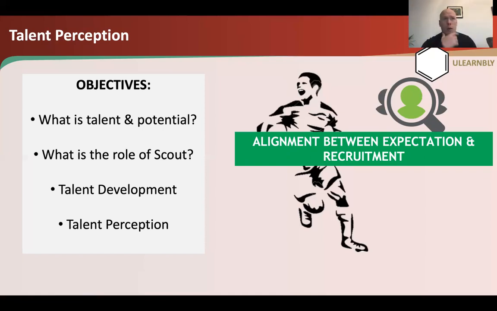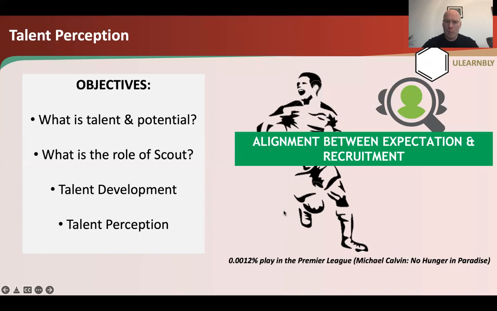And the coach is going, I'm not too sure, he's not good enough, or how's he got in, or whatever. So again, is there a communication between what the coaches think good looks like and what the recruitment team thinks good looks like? And is that constructively aligned? How does that mirror in terms of the expectations that a club wants and the recruitment strategy? Are they aligned? So again, there's conversations around that.